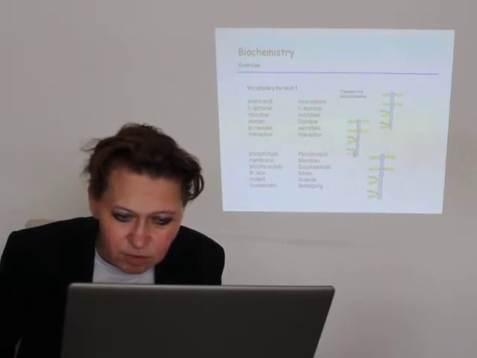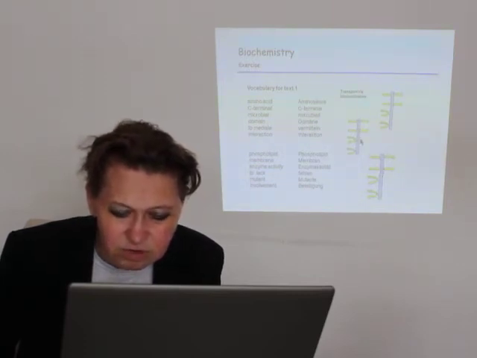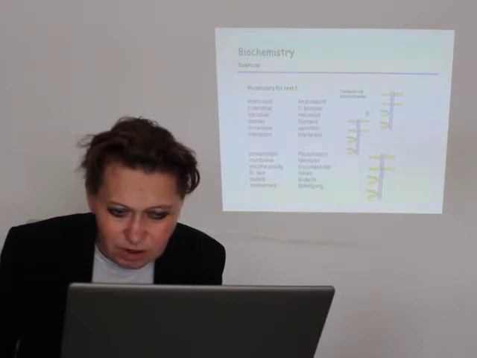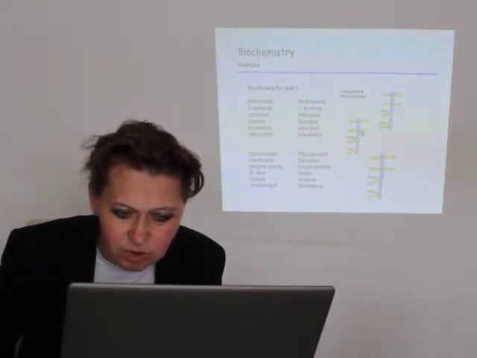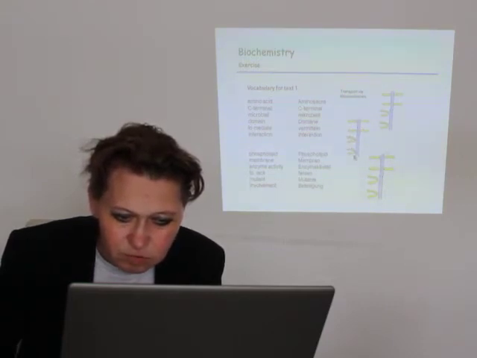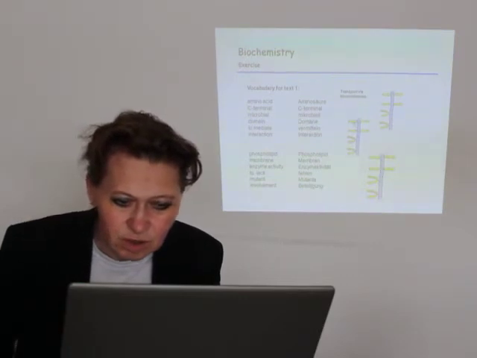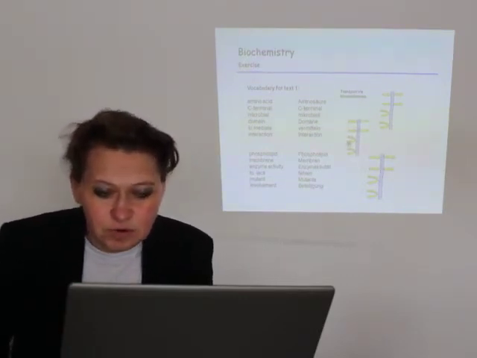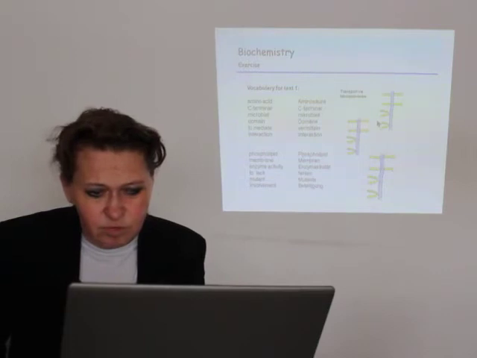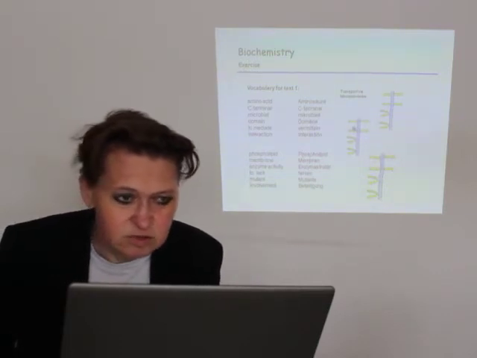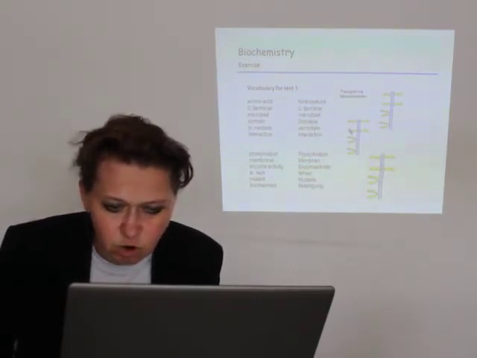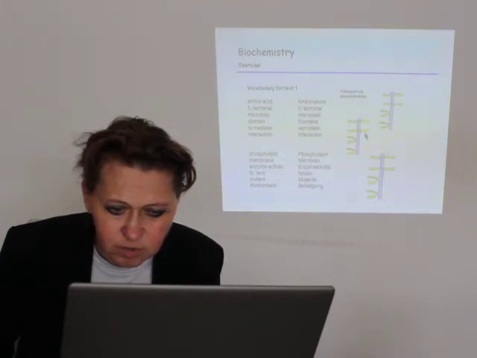This is a biomembrane. You see the bilayer over there, and the yellow arrows mean yes, transport possible. It's impossible here. When might transport be possible? For instance, with gases, CO2 and oxygen are transported via the membrane.